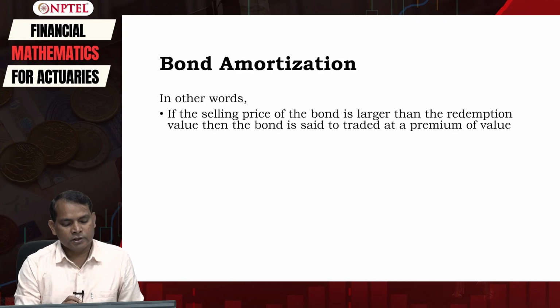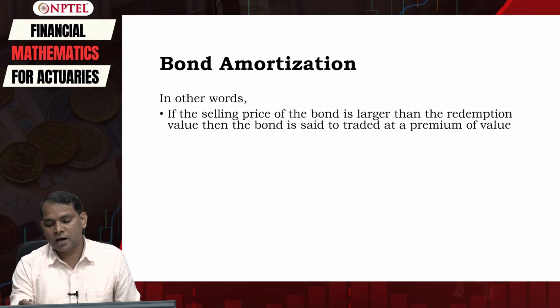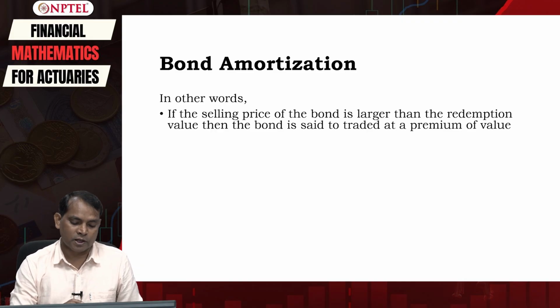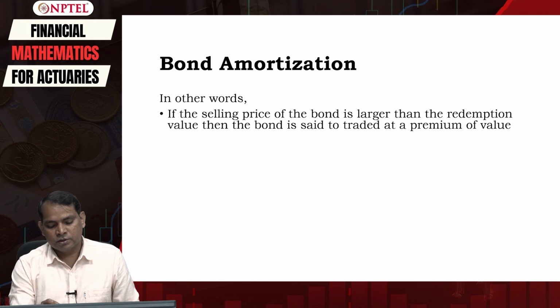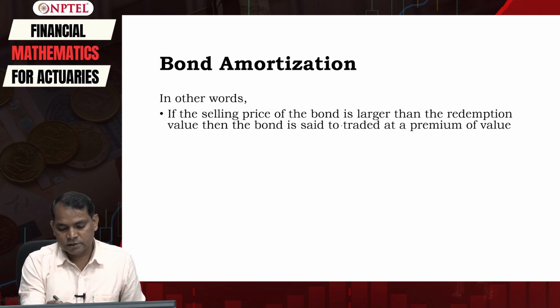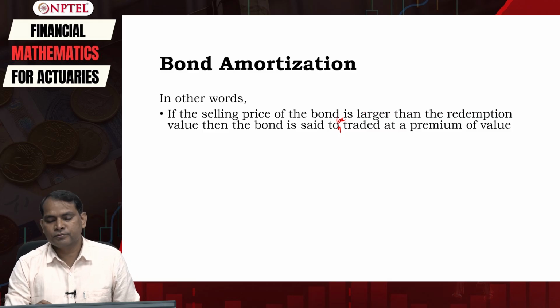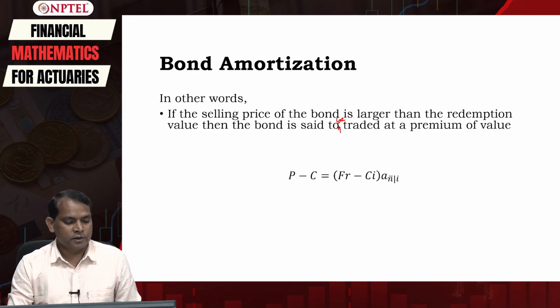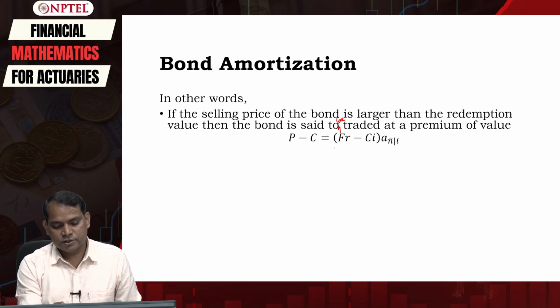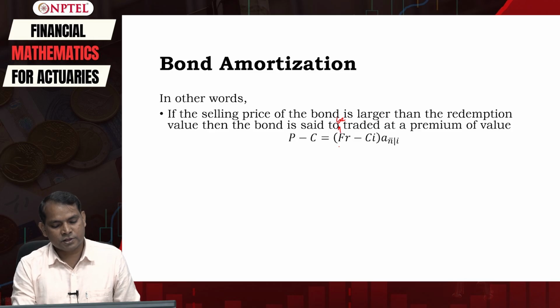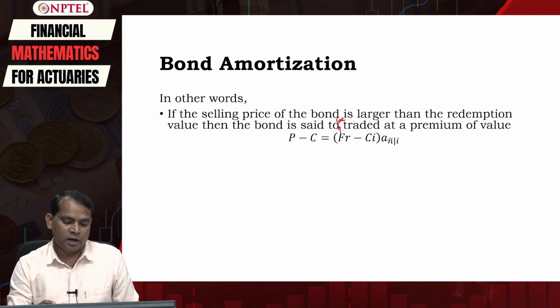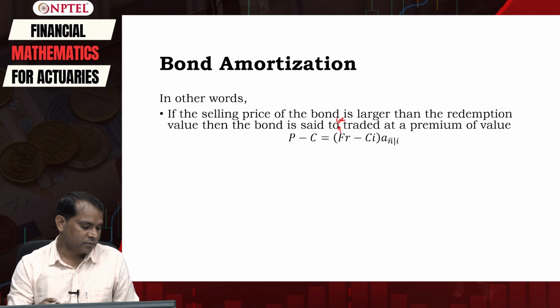In other words, if the selling price of the bond is larger than the redemption value, then the bond is said to be traded at a premium, that is P - C = (FR - Ci) a angle n at i, what we have seen in the previous slide.